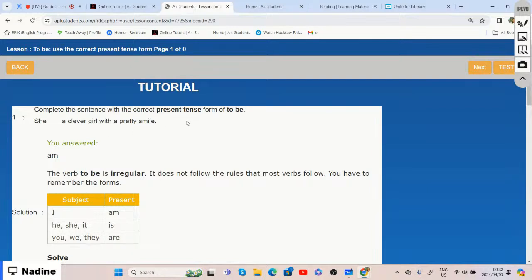All right, we need to now complete the sentence with the correct present tense form to be. And it says, she, which refers to one person. Do we say she am, she is, or she are a clever girl with a pretty smile?